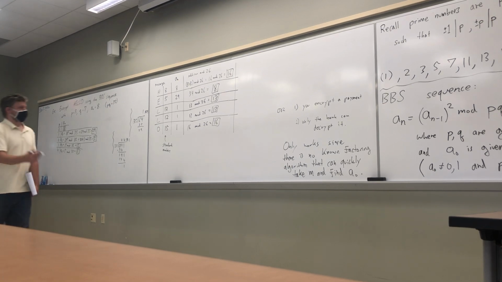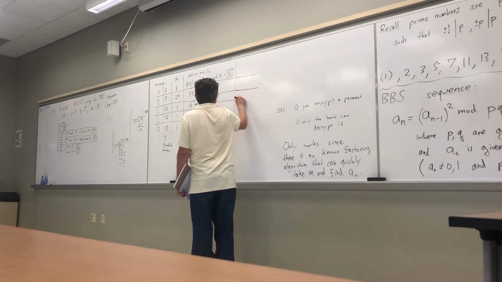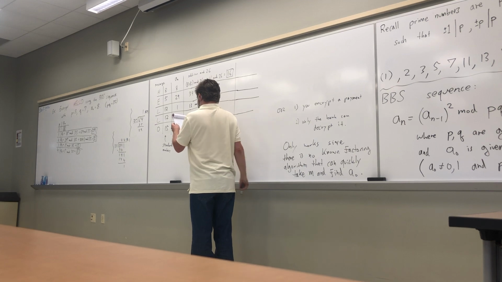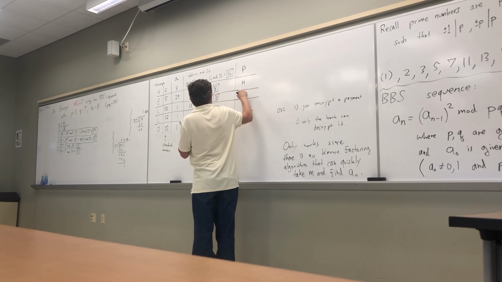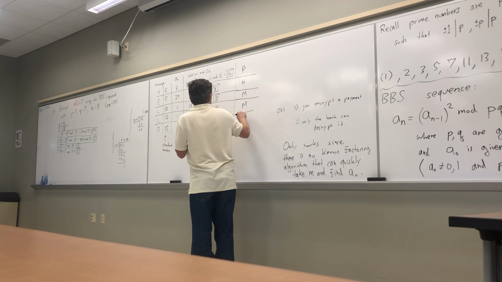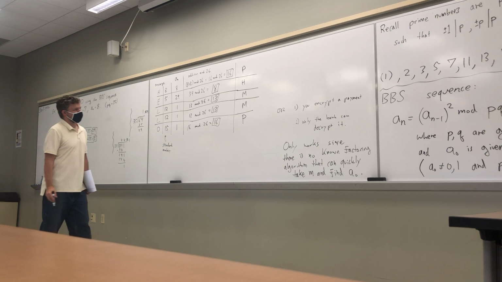And then back to letters again, right? So let's see. The letters are, from the chart, P and H. 13 was M and another P. So the encrypted message is PHMMP.